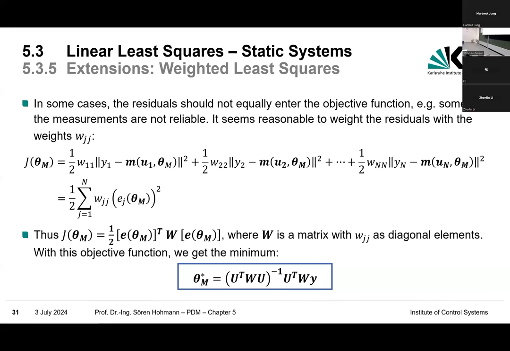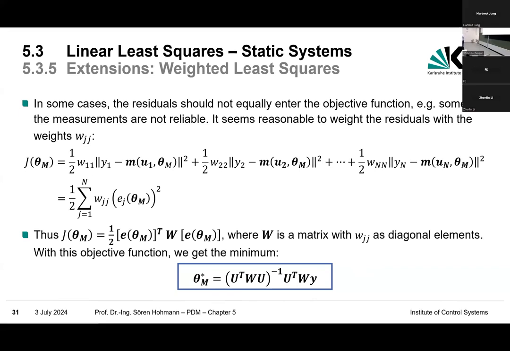At the very end, you end up with a very famous least squares solution. So the linear least squares solution, where you have stored in the matrix U everything you have as input, all the variables, all measurements of the input, step by step.